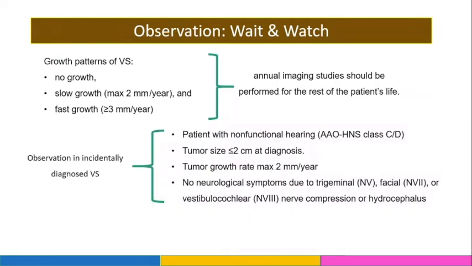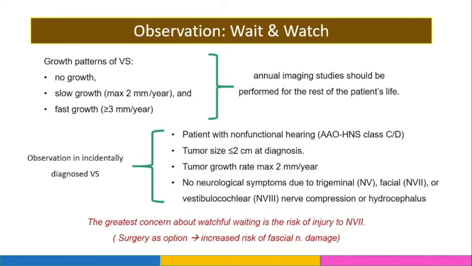So basically today, if we have a small tumor and hearing preserved, we watch for growth patterns of the vestibular schwannoma. If there is no growth or slow growth below 2 millimeters per year, we can probably just do annual imaging studies. And if the tumor grows more than 2.5 millimeters per year, or if you have progressive hearing loss, then of course you would go either for radiosurgery or microsurgery, depending on your preference.